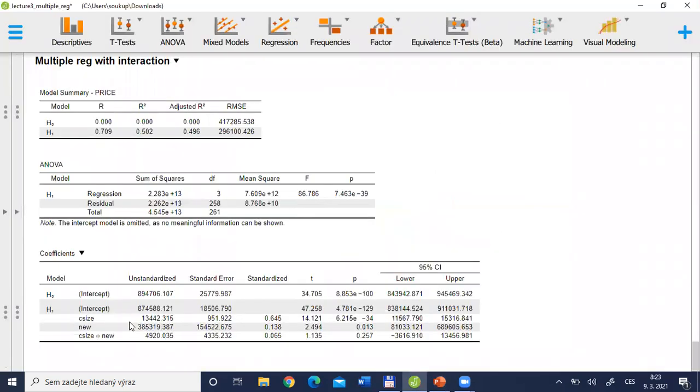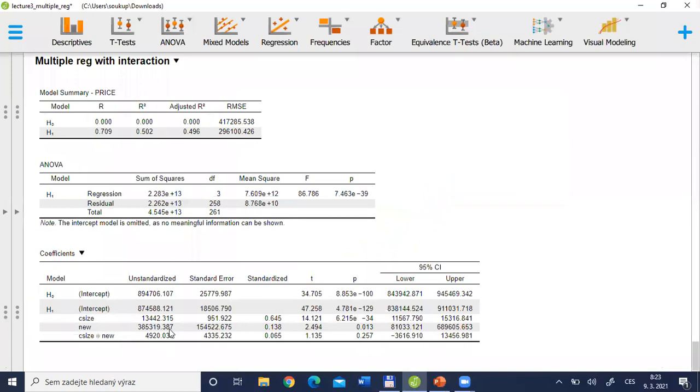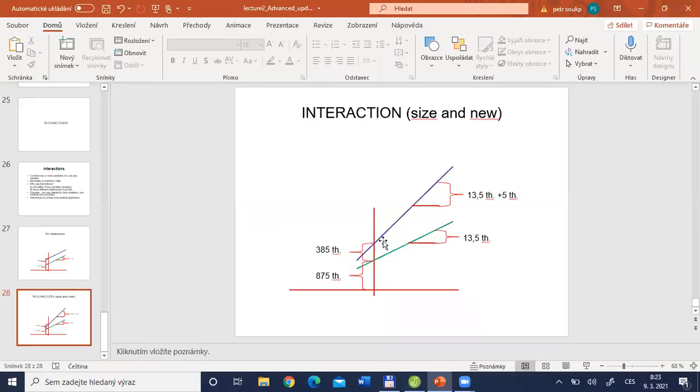Next one, new, is this difference. So it means for flats with average size, you must add for new flats approximately 105,000 Czech crowns. And this is the added value for the slope for new flats.